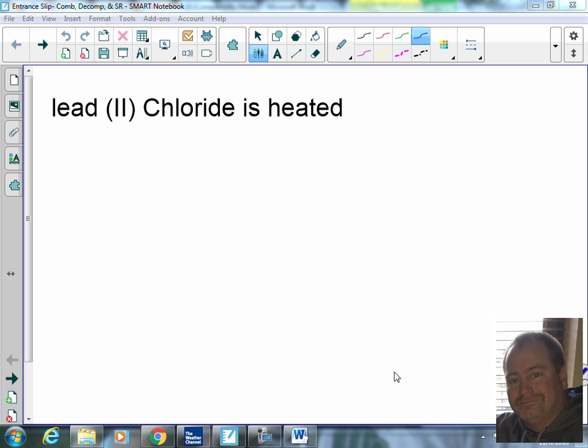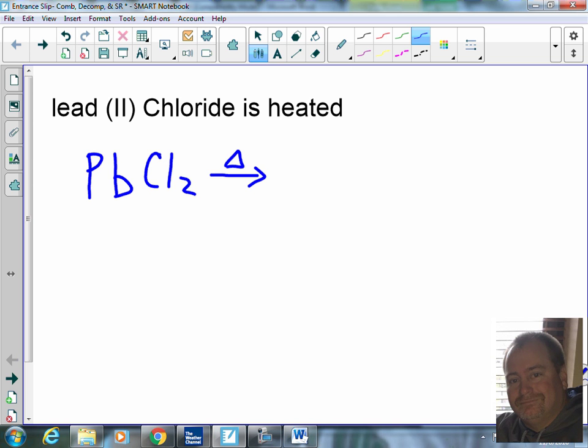So, as I do this, I need to write my formula for lead II chloride. Lead II chloride is going to be heated. So I draw my yield and I put my little triangle to say that I am heating that.